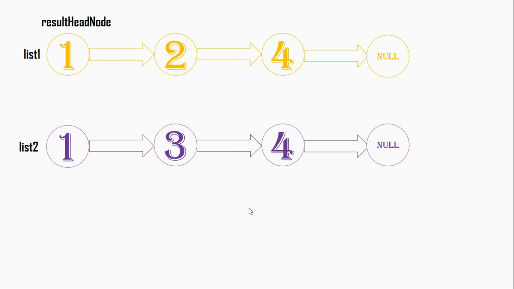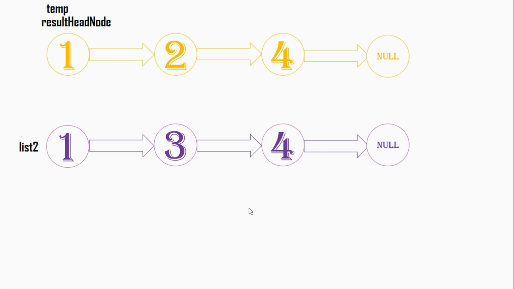Means my result head node now points to list 1, that means it's pointing to node 1. And my temp also will be initialized to result head node, that means temp also will be 1. Next I will move list 1 to list 1 dot next node. That means my list 1 node will now be 2.